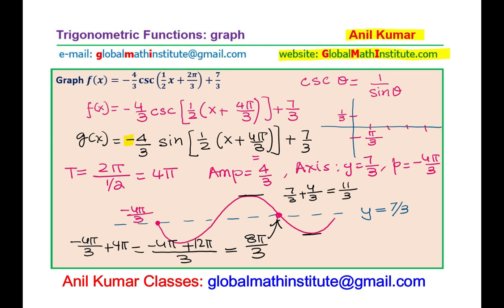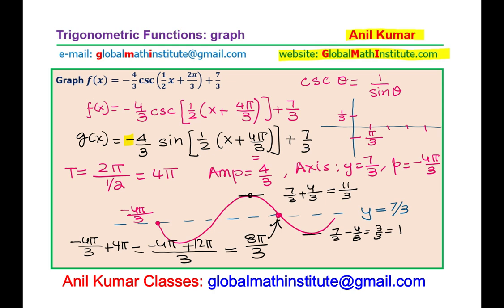So that is the maximum, and the minimum will be 7 by 3 minus 4 by 3, which is 3 by 3 or equal to 1. You get the whole idea, correct? So you get the maximum and the minimum points and your graph as shown here. So that becomes a sine function, right?